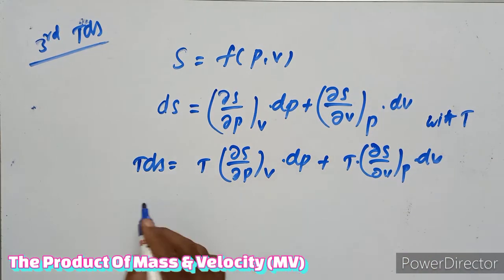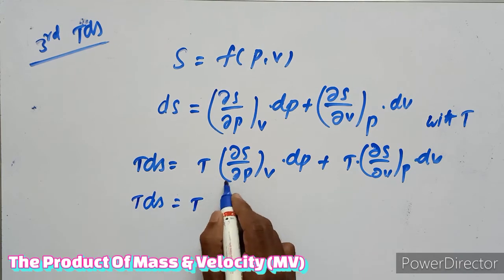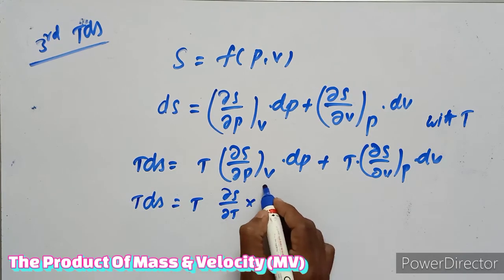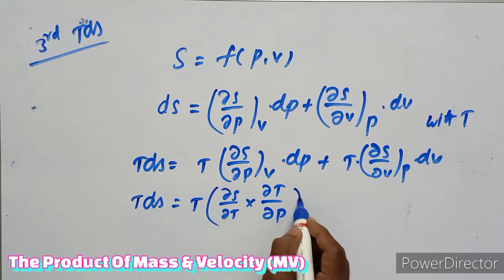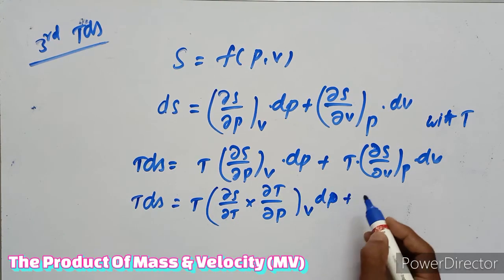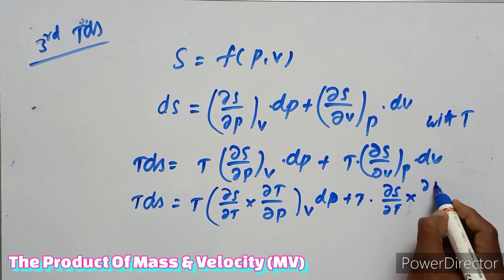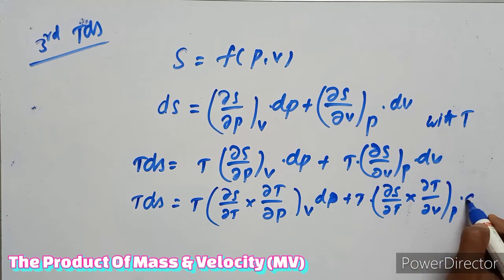This can be written as Tds equals T dou s upon dou t into dou t upon dou p, where dou t cancels, leaving dou s upon dou p at v into dp, and similarly T dou s upon dou t into dou t upon dou v at p into dv.